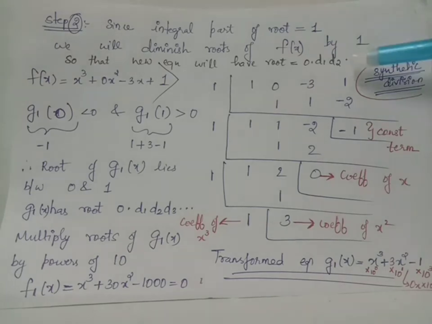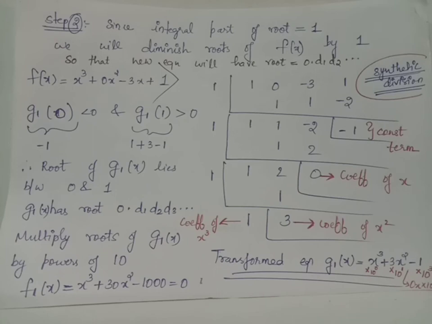which was already predicted here. Now we will multiply the roots of g1 of x by 10, because when you multiply 0 point d1, d2, d3, etc. with 10, it becomes d1 point d2, d3, etc. We are multiplying the root of g1 of x using 10, so that d1 becomes the integral part after multiplication.